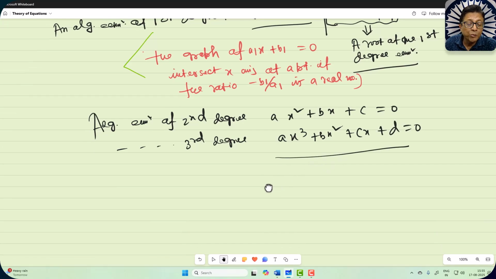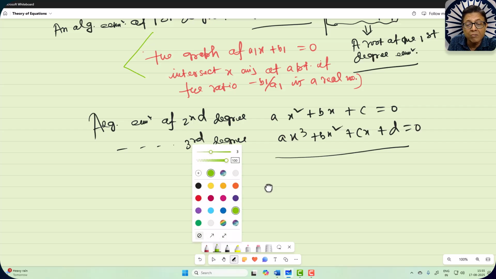So, if we want to write an algebraic equation of degree n, the general form of algebraic equation of degree n we are going to write.